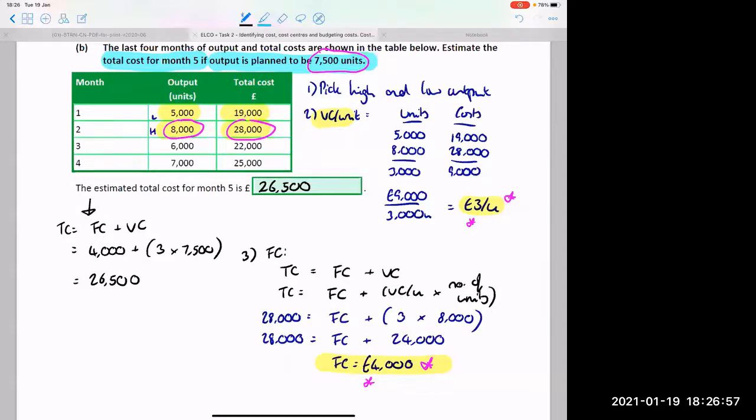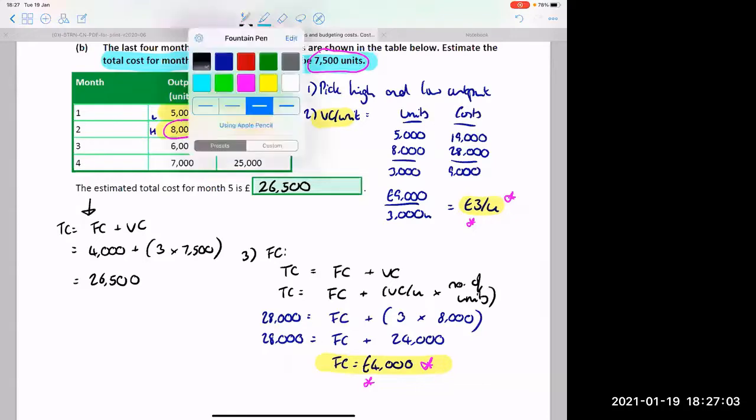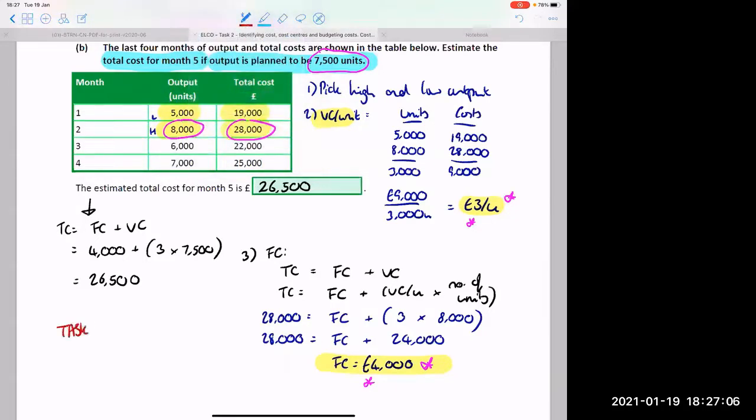So my advice would be to make a note to yourself at 18 minutes in, tasks 1 and 2, and use that 18 minutes to do both of the tasks, because if you drag the time on task 1 out to 10 minutes or 9 minutes, you might then find that you are rushing a bit more in task 2. But again, practice makes perfect. The more of this high-low method you do, the speedier you will get at it.